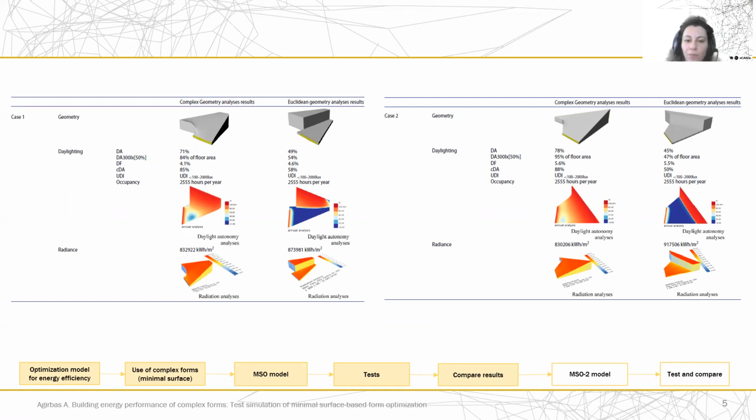I compared the complex form with its regular, or I can say Euclidean, version. And according to the objectives, it seems that the complex form is more energy efficient than its regular version, as you can see in the results.